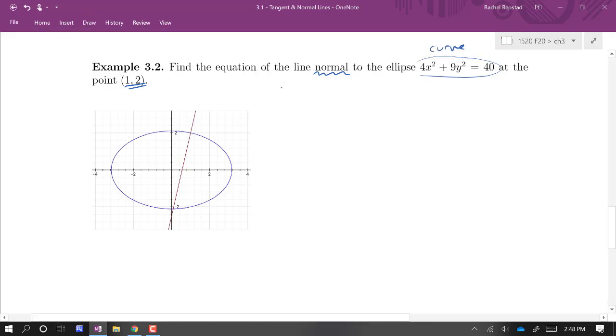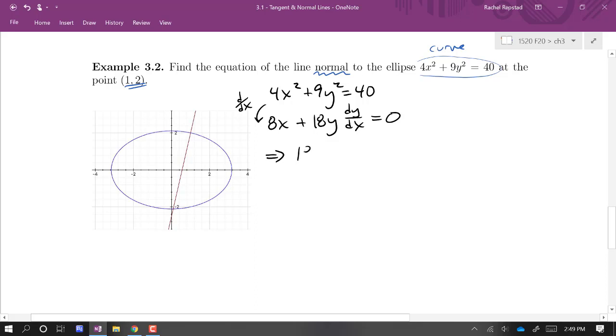Let's start there. So we've got our equation 4x squared plus 9y squared equals 40. If we differentiate both sides with respect to x, we get 8x plus 18y dy/dx equals 0. We can subtract 8x from both sides, and then we get 18y dy/dx equals negative 8x, and now we just divide both sides by 18y.